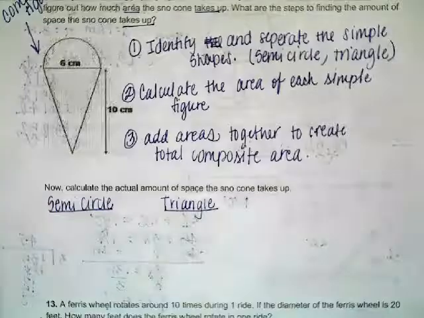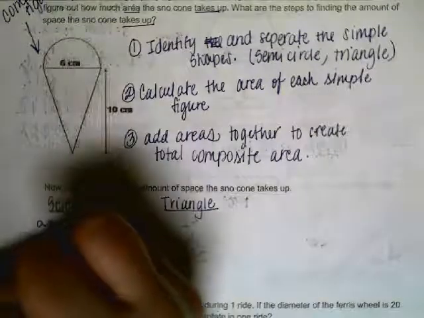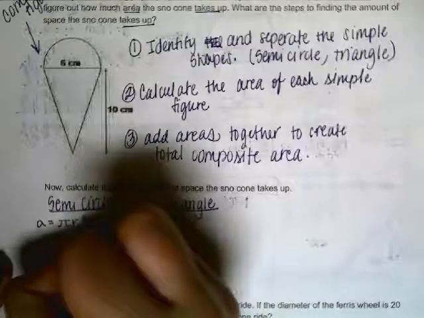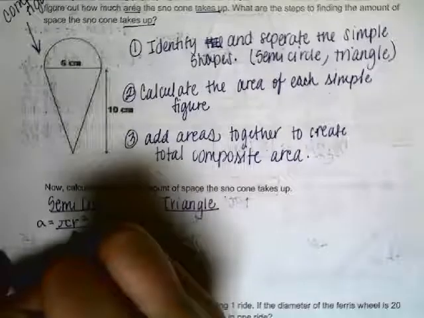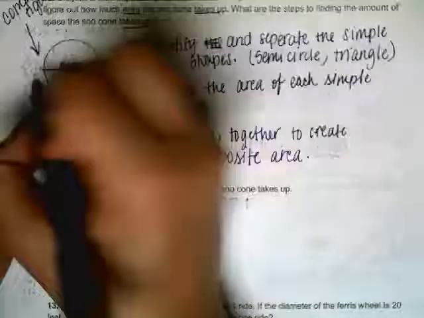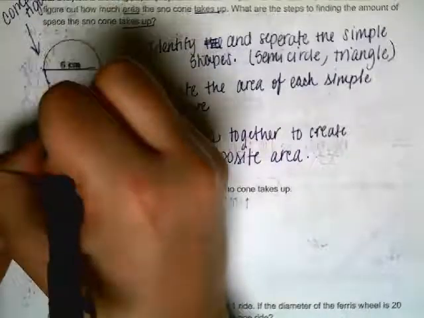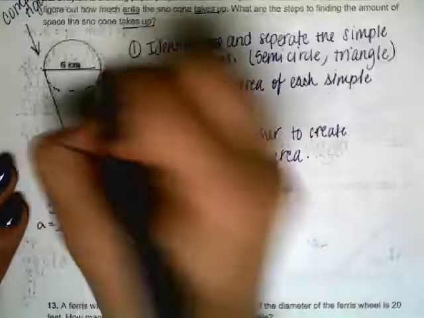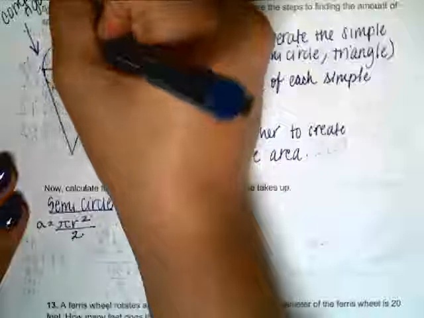The area of a semicircle is A equals pi r squared divided by 2. Now, if you look at our snow cone, pretend that the circle is completed. You are given a diameter. So this is your diameter.